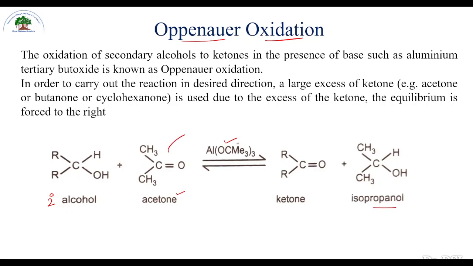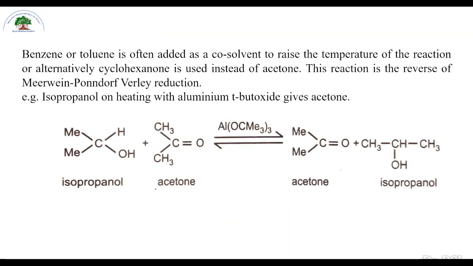So this acetone is converted into isopropanol and secondary alcohols are converted into ketone. Benzene or toluene is often added as co-solvent to raise the temperature of the reaction, or alternatively, in place of acetone we can use cyclohexanone.